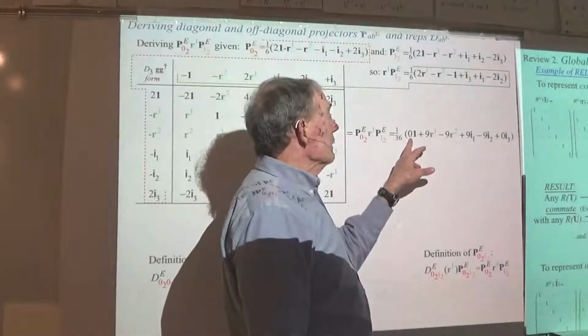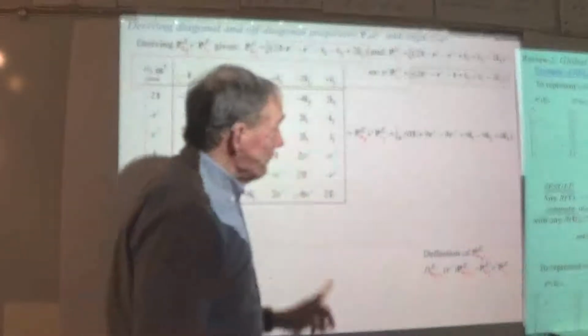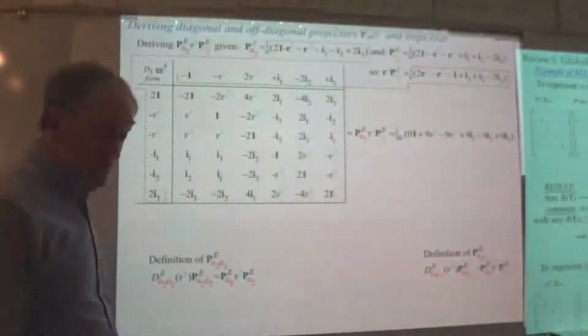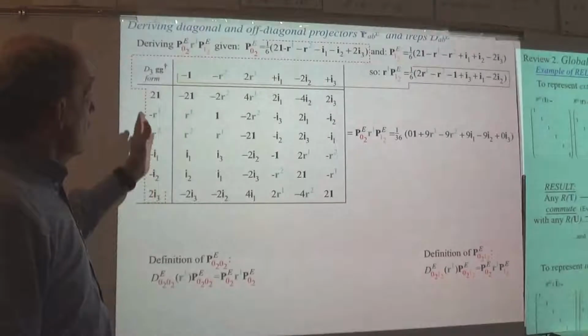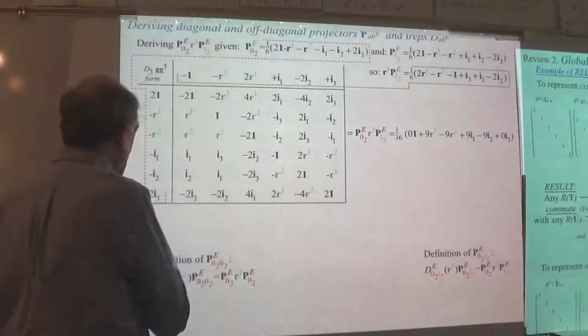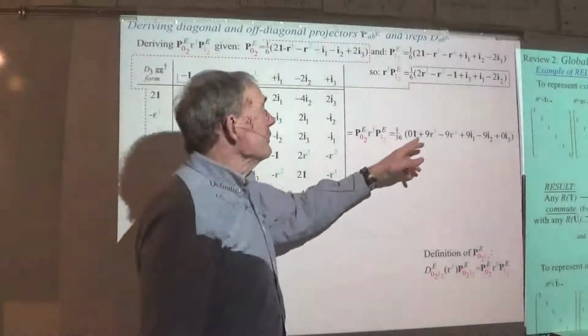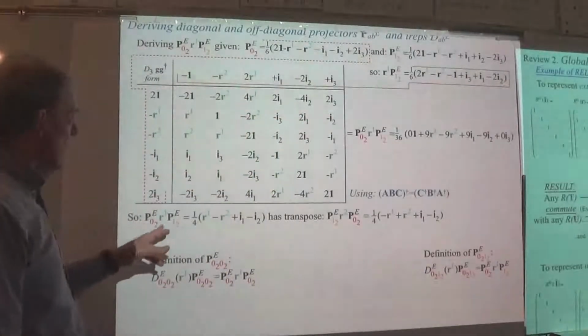And I get 9 each with plus or minus signs of the other 4. Okay, and it's divided by 36, which is the multiple of this 1/6 right here, and this one has also got a 1/6. So it's 1 over 36 times those, and that's these guys right here.